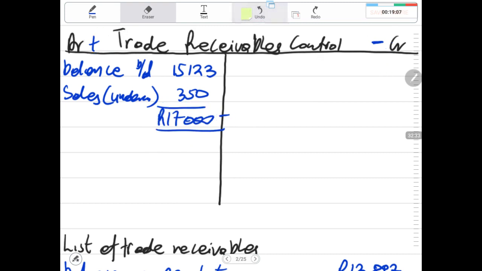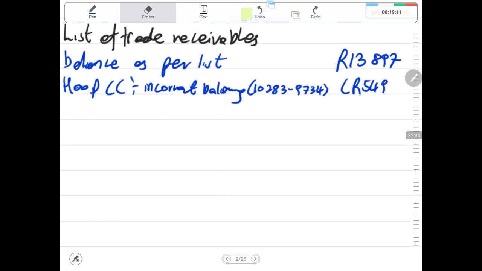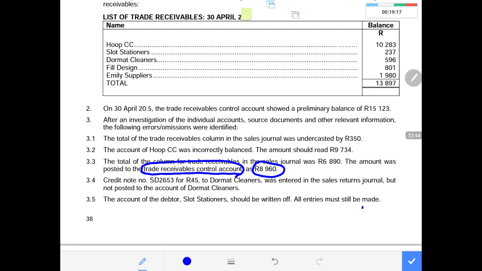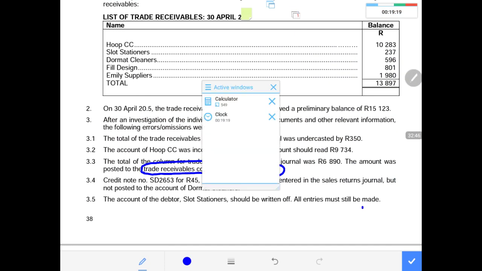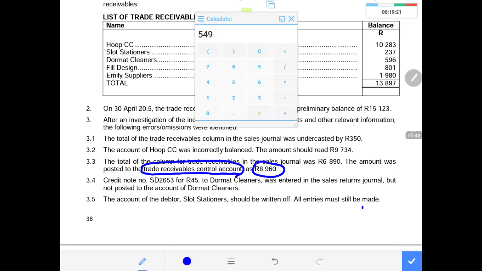So now let us look at this amount in terms of the difference. How much are we supposed to be correcting in here? So now let us go to these two different figures. The amount that was recorded, we recorded an amount of 8,960 instead of recording how much? Instead of recording 6,809.